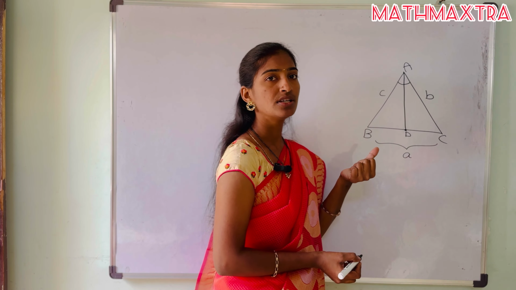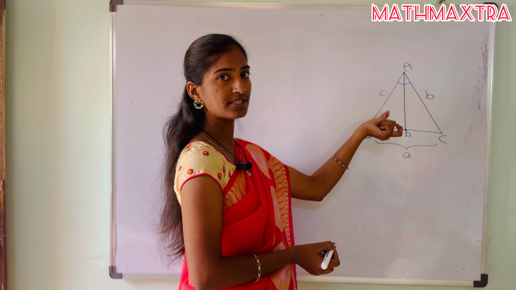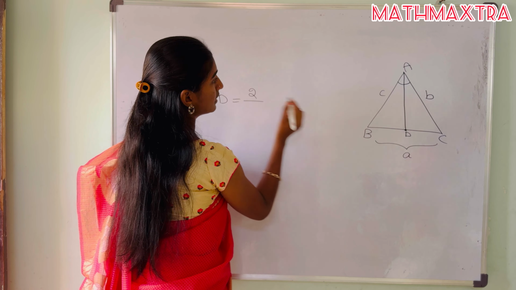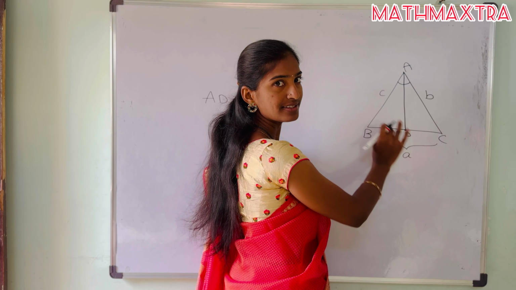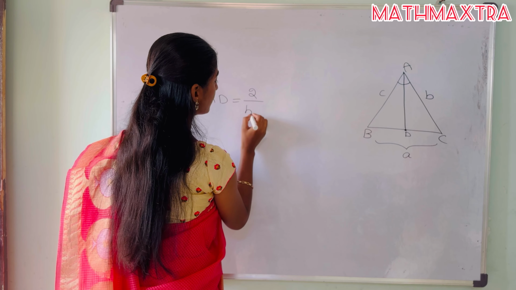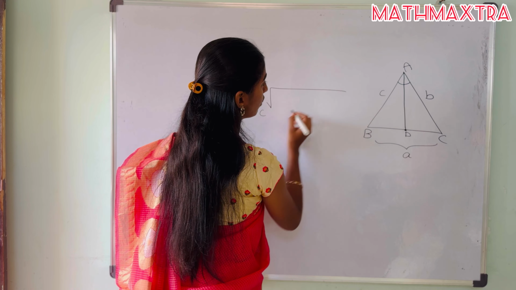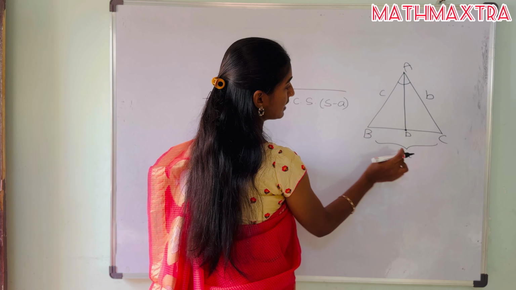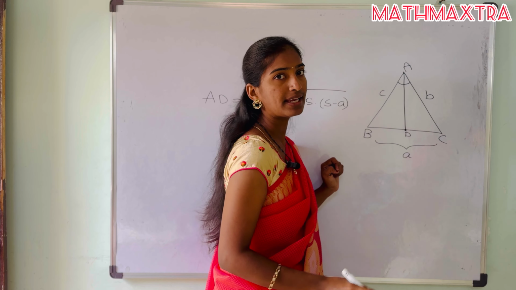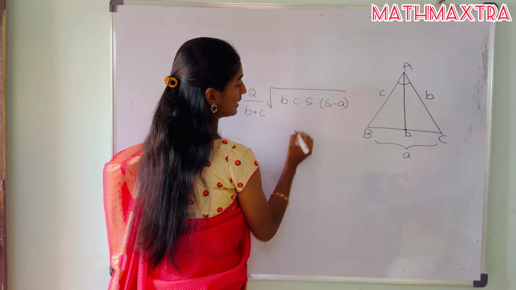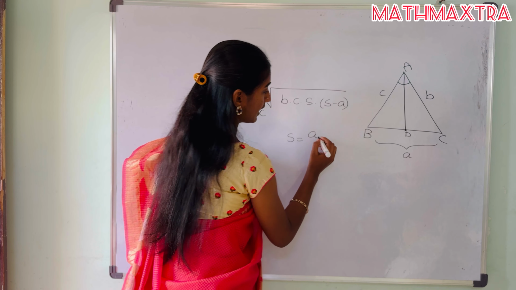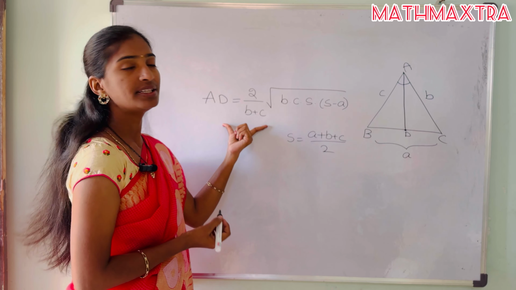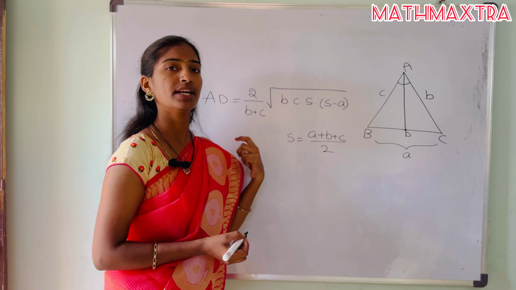AD is equal to 2 by the sum of the two sides on either side of the bisector, which is b plus c, into the square root of b into c into s minus a, where a is the side opposite to angle A. Here s is the semi-perimeter of the triangle, which is a plus b plus c by 2.